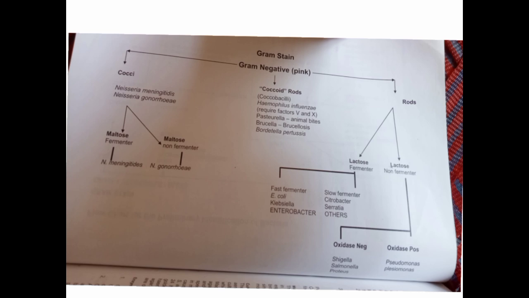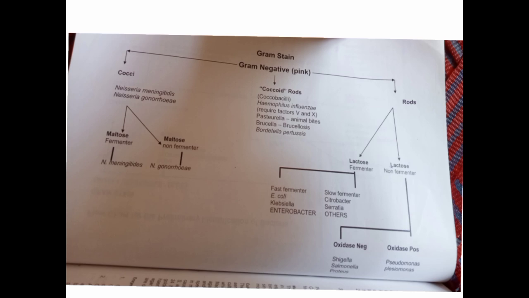The slow fermenter bacteria are Citrobacter, Serratia, and others, and the fast fermenters include E. coli, Klebsiella, and Enterobacter.